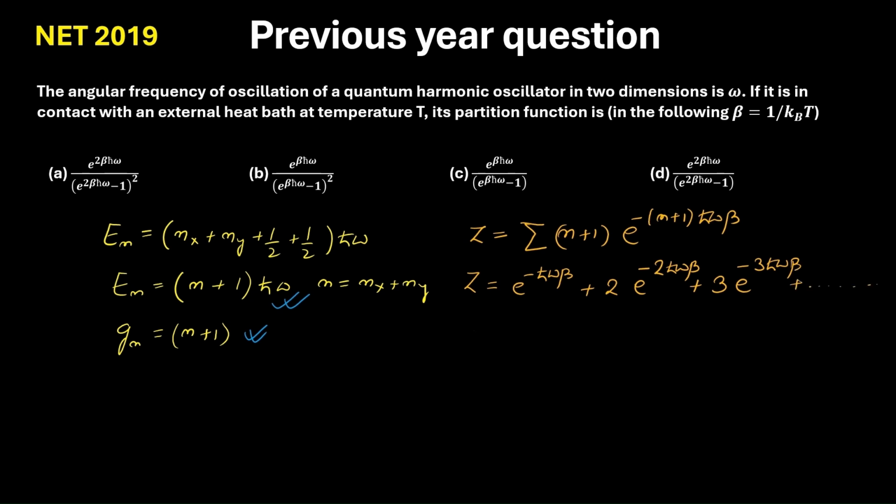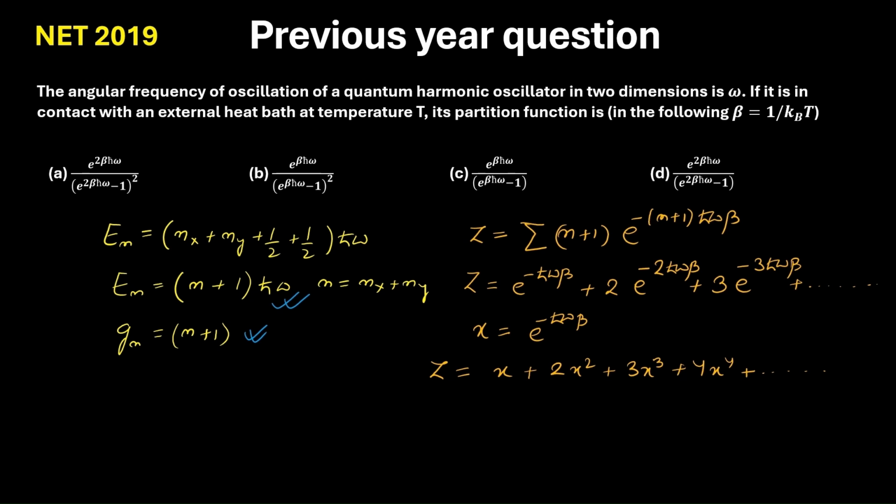Now if I denote x equal to e to the power minus h bar omega beta, then this series looks like x plus 2x squared plus 3x cubed plus 4x to the power 4, and this will go on.